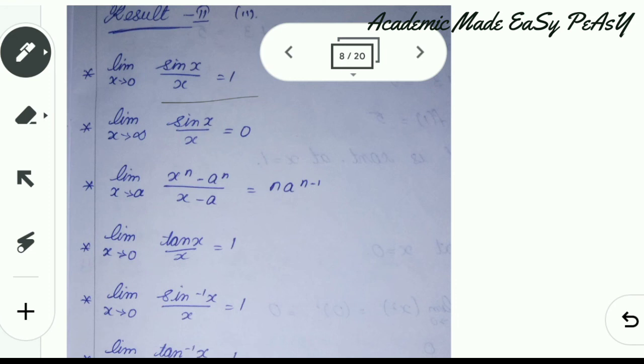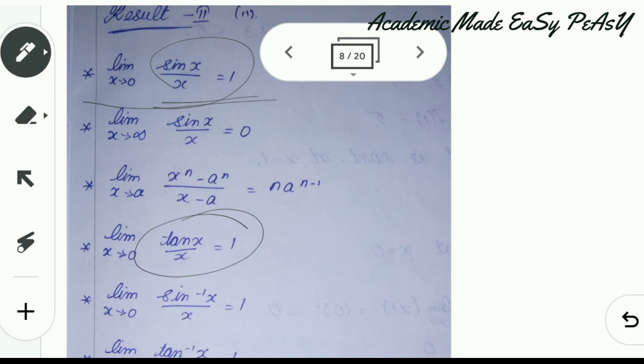Next, limit x tends to 0, tan x by x will become 1. So when the limit is tending to 0, for sin x, tan x, everything, that will become 1. And even for sin inverse x by x.